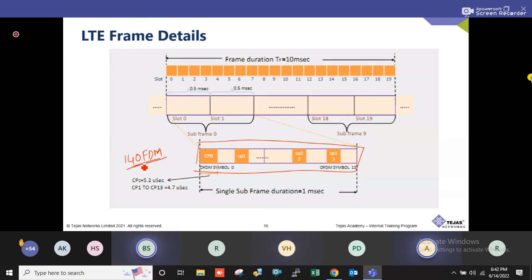At least, that means it can be more than that, but minimum it has to get 14 OFDM symbols. It is not one single OFDM symbol. Basically, we don't call it 14. We call it 1 millisecond, because this has a duration of 1 millisecond. That's why I mentioned initially that the TTI duration, or a UE allocation duration, in LTE is 1 millisecond.